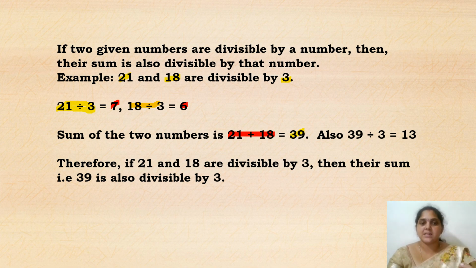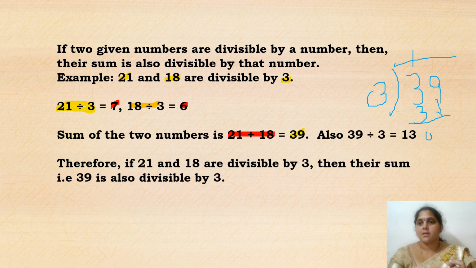If not, you can check with one more method, that is 39 divided by 3. Right? 3 ones are 3. Remainder is 0. Carry forward 9 down. Okay. 3 threes are 9. Remainder is 0.